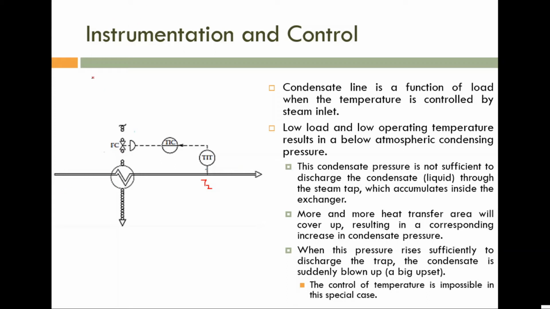The process equation is lambda Ws is equal to Cp into W into T2 minus T1. So the process variables are Ws, the steam flow rate, W, the process medium flow rate, and T2, T1, the outlet and inlet temperature of the process medium. These are the process variables.